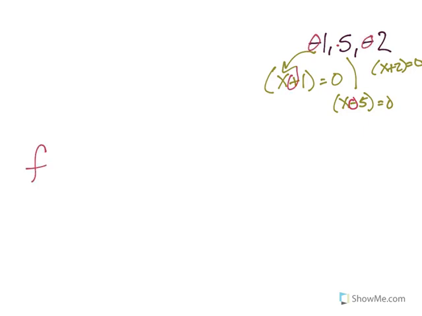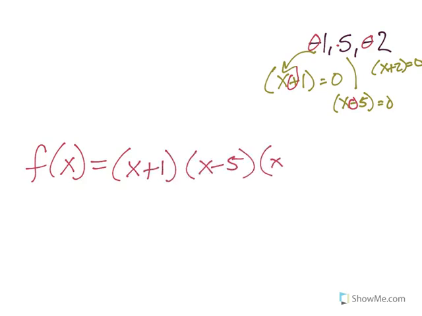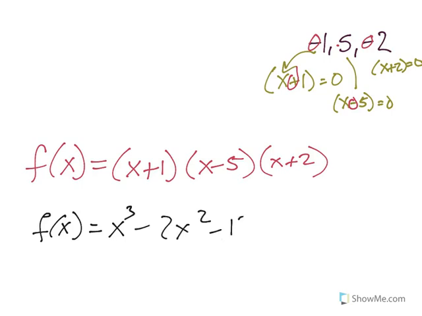Okay, so we'll end up with f of x equals x plus 1, x minus 5, and x plus 2. And that is the factored form of our original x cubed minus 2x squared minus 13x minus 10, with our 3 zeros found from using the remainder theorem and then synthetic division.